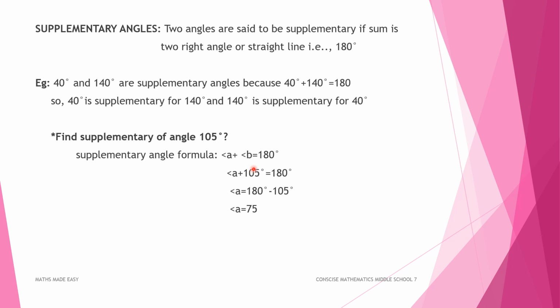Move this 105 to the other side of the equal sign, and keep what we need to find on one side. When it moves across, plus becomes minus, that is 180 minus 105. So angle A is equal to 75. When you add 75 with 105, it will be 180, right? I hope you understood this video.